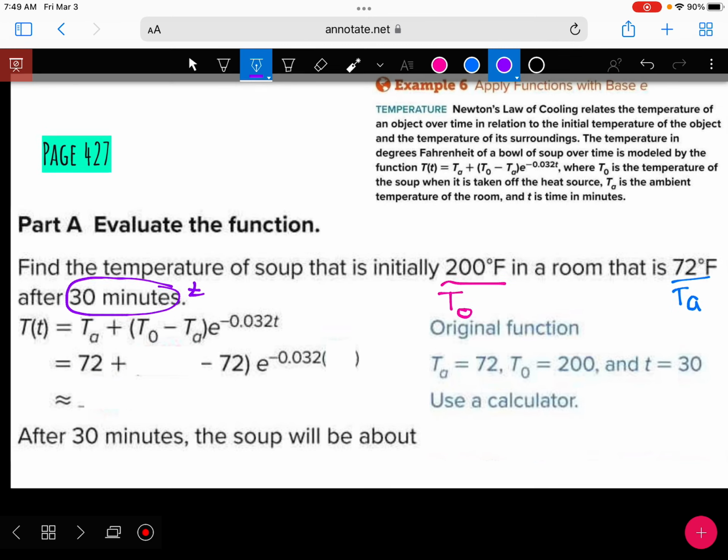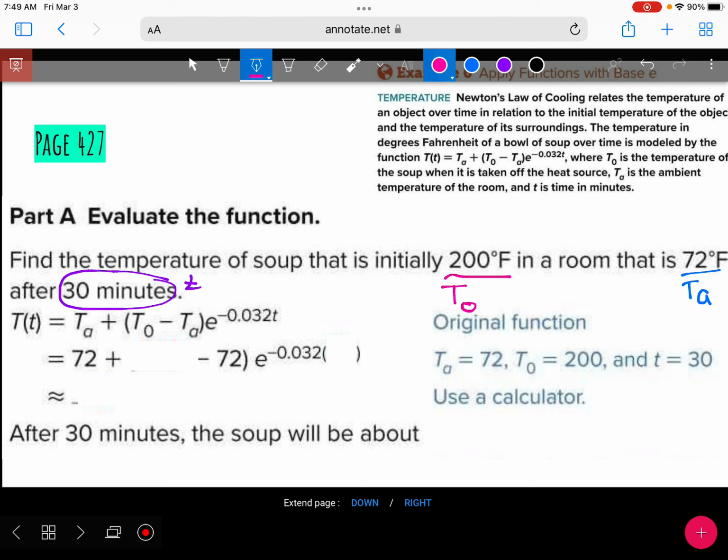That's just crazy. So all we're going to do is substitute these values into this equation. We take our 72, which was our ambient temperature, and that goes in place of this T sub A, which they've already helpfully done for you.